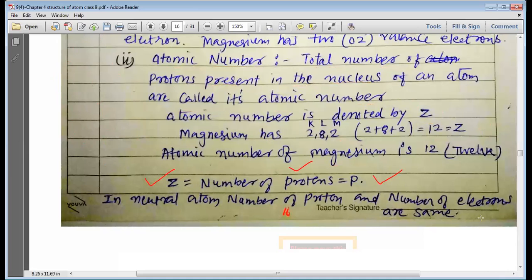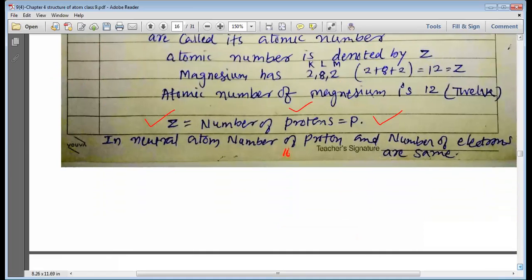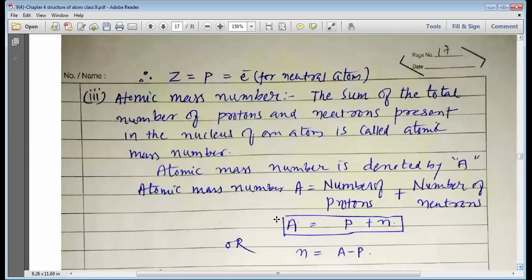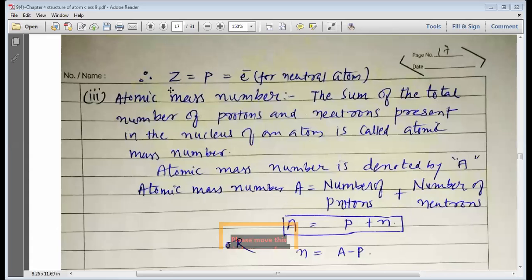For a neutral atom, the number of protons in the nucleus and the number of electrons outside are the same, and that is why we can calculate the atomic number even from the electronic configuration. In a neutral atom, the number of protons and number of electrons are the same, so for a neutral atom we can write that Z is equal to the number of protons or the number of electrons.